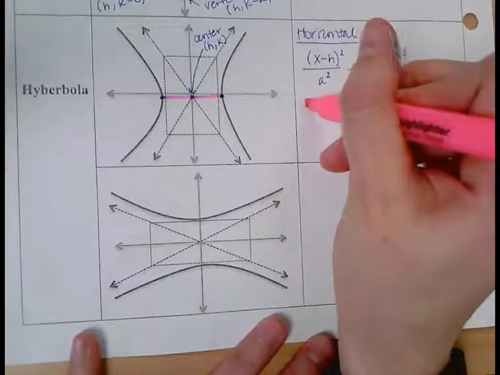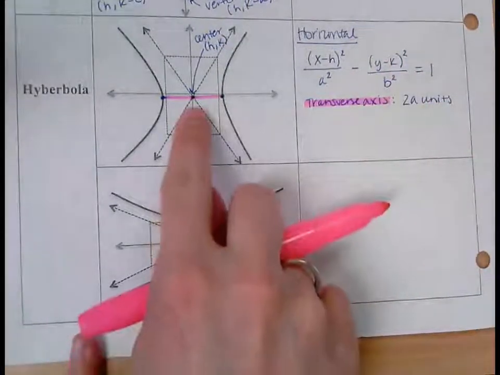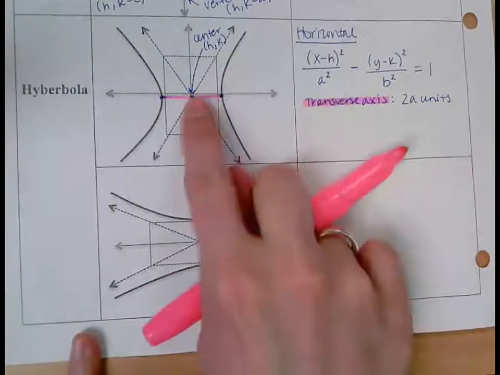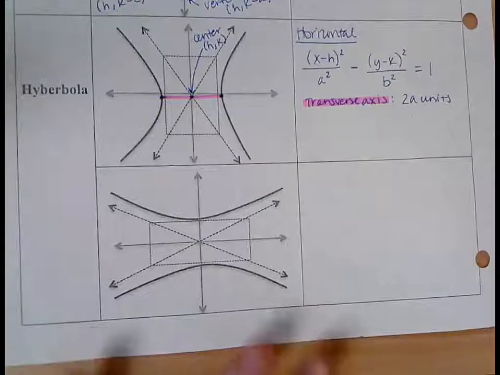And so it's up to you how you want to label this on your sheet. I highlighted it in pink, and then I'm highlighting transverse axis in pink, so I know that's what that is. If you need to draw an arrow to it to say it's the transverse axis, you do what you need to do. Grace?